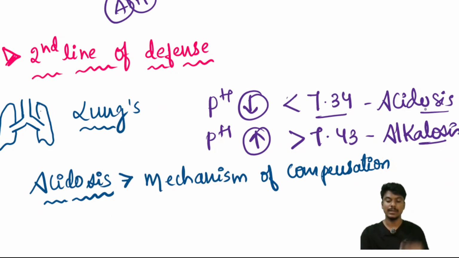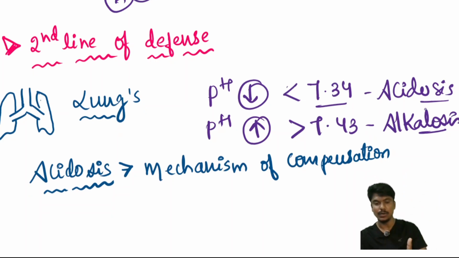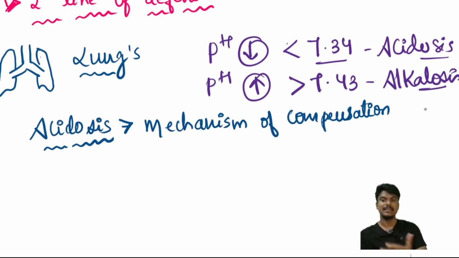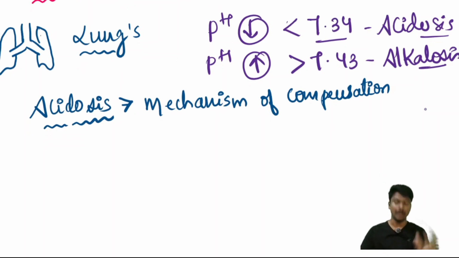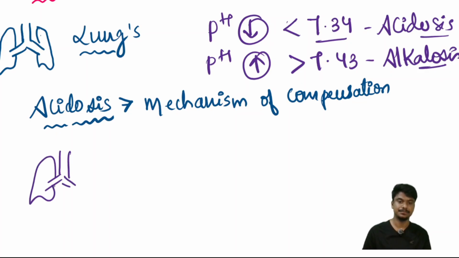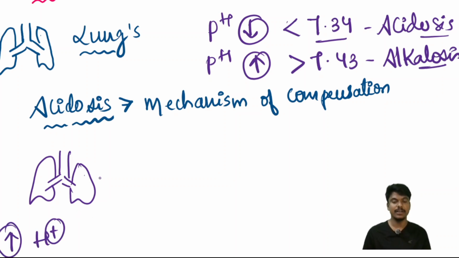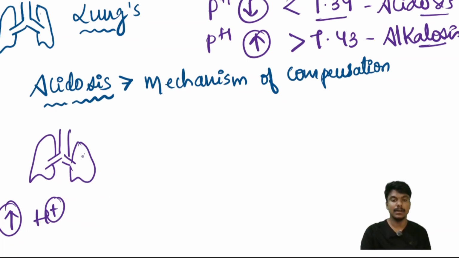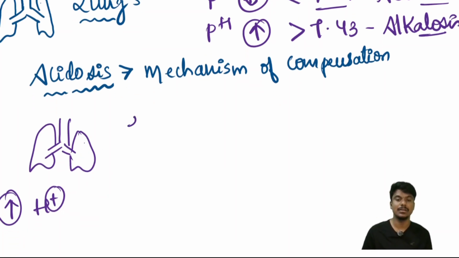Now we'll see how the lungs are going to act and compensate in acidosis. Means pH is getting down, decreasing to less than 7.34. How will the lungs respond? Normally the lungs are here. What has happened now? pH is coming down and H plus ions are increasing. What will it do?